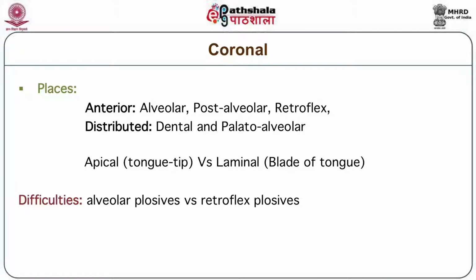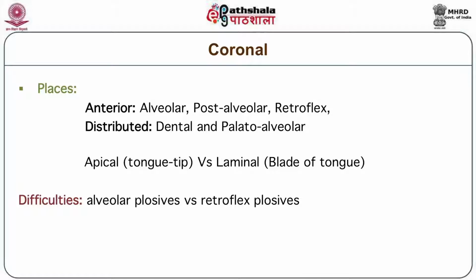That is, in the production of which either the tip of the tongue is used, or it is the sides of the tongue used, or it is below the tip of the tongue which is used. There are at least 5 places of articulation which are coronal places of articulation. That means a wide range of places of articulation is produced by the tip and the blade of the tongue.